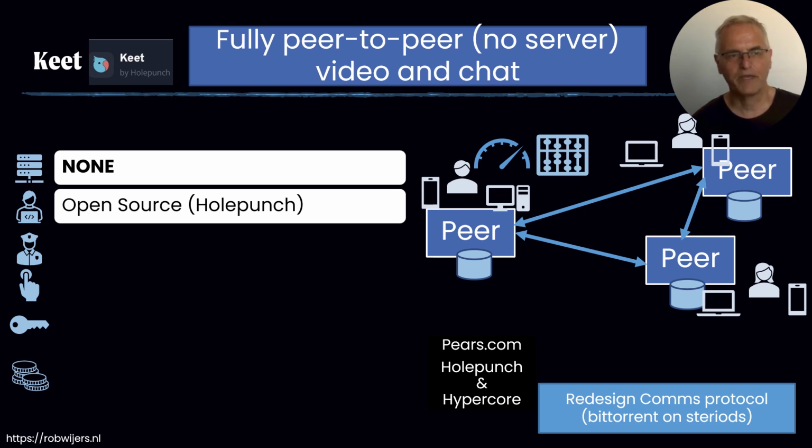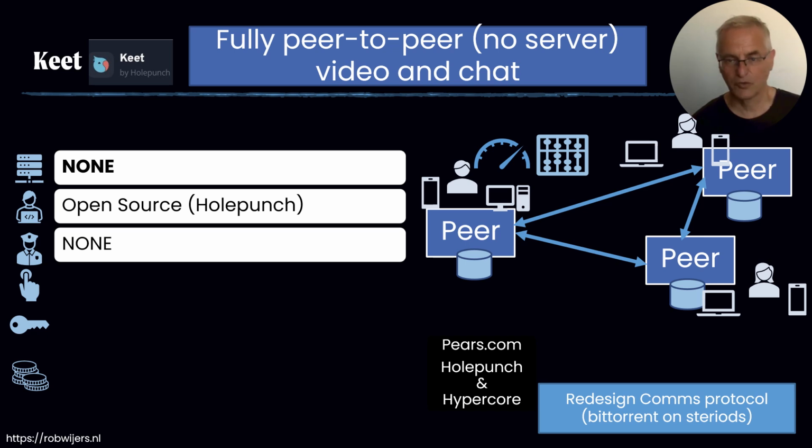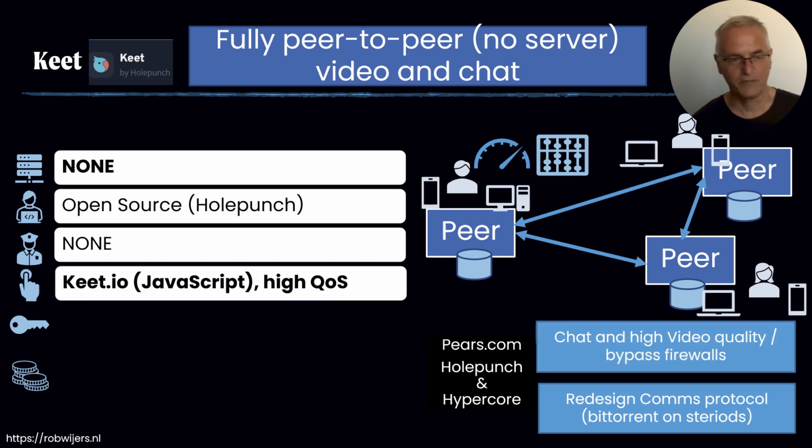With the Keet application that we use, there's no moderation, of course, because there's nobody in the middle. But the Keet application is not open source yet, because they promised that they will do that, but that's the application, just in JavaScript. The big advantage of this model is that you get a very high quality of service.